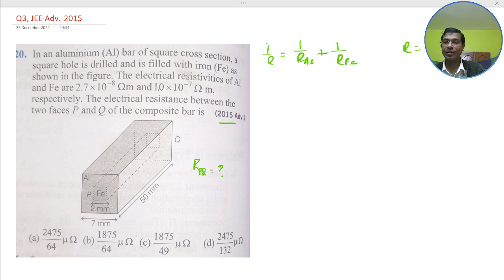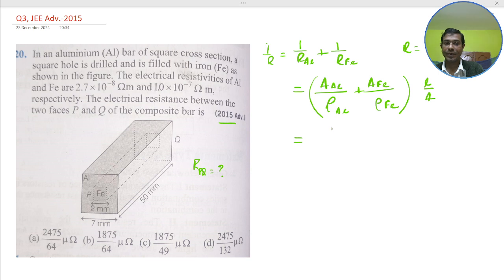So you just use R equal to rho L by A, this formula you just apply here. So cross sectional area of aluminium by rho aluminium plus area ferrous by rho ferrous, L by A. You just put this value.